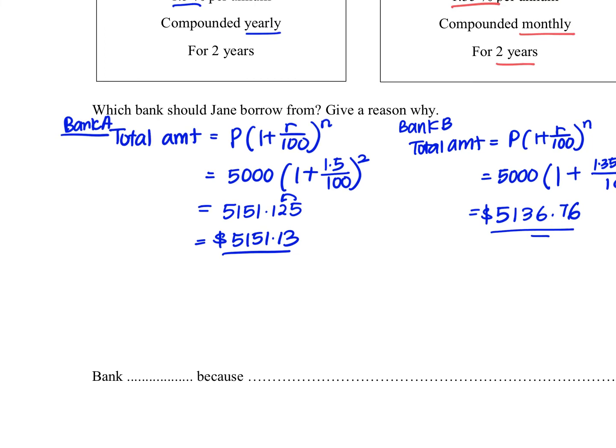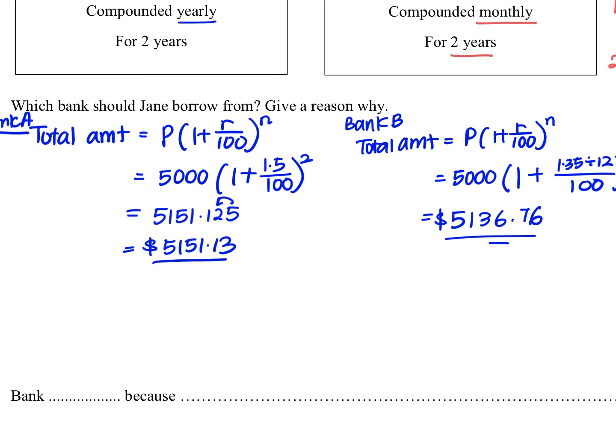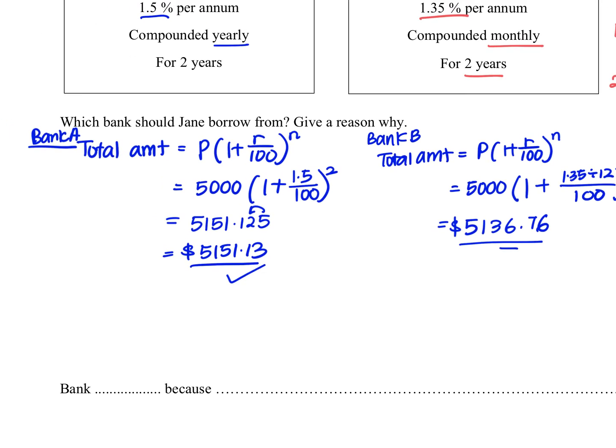So which bank should Jane borrow from? Remember, when borrowing money, do I want to pay more or to pay lesser? So in this case, I would like to pay lesser. So this one over here, this number is a smaller value. It has lesser interest, or it is cheaper. So Jane will borrow from Bank A because it is cheaper.